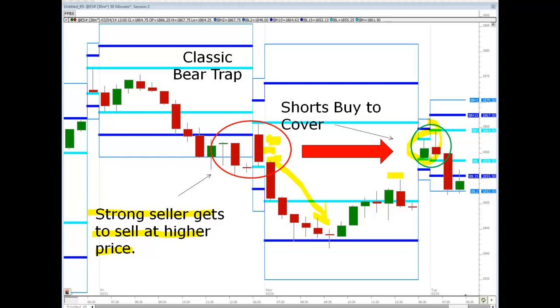As more and more sellers begin to cover, more and more sellers begin to sell to them, or that one huge, strong seller starts to sell at a much higher price. And before you know it, since there really was not a strong buyer that's lifting prices higher and taking the market higher, take a look at what happens after this initial balance period, which is a rather small one here.